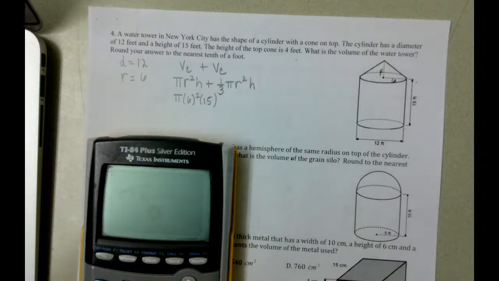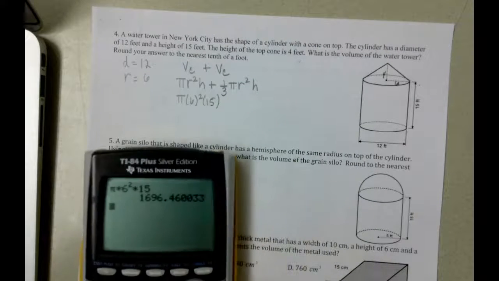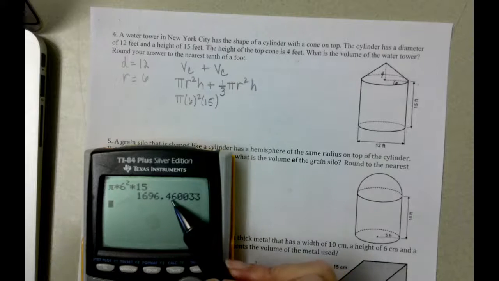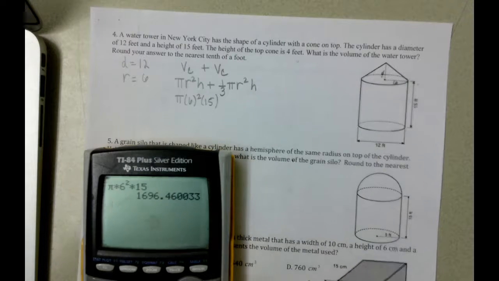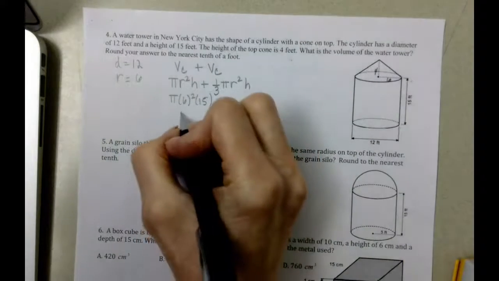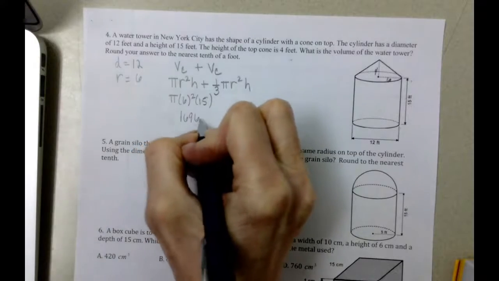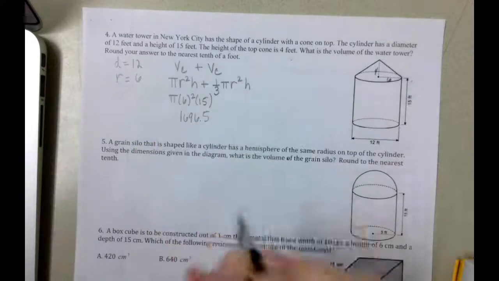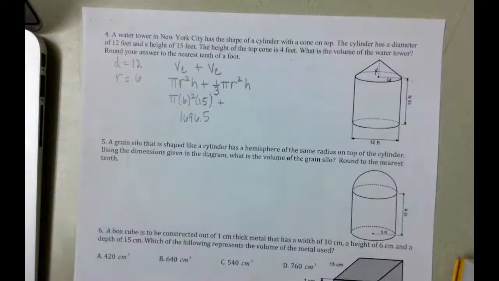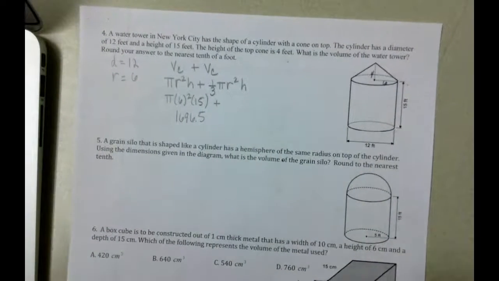We're going to be rounding to the nearest tenth of a foot, so we do need that pi in there, times 6 squared times 15, and we get 1696.5, because 6 is 5 or higher, so we're going to round that up. So 1696.5.